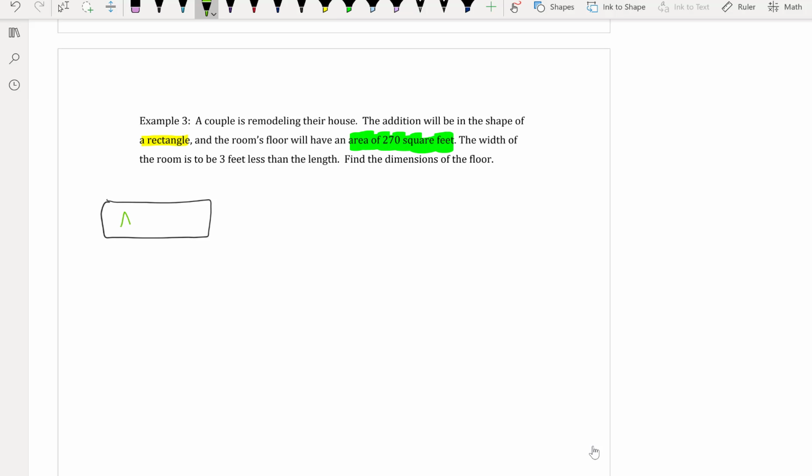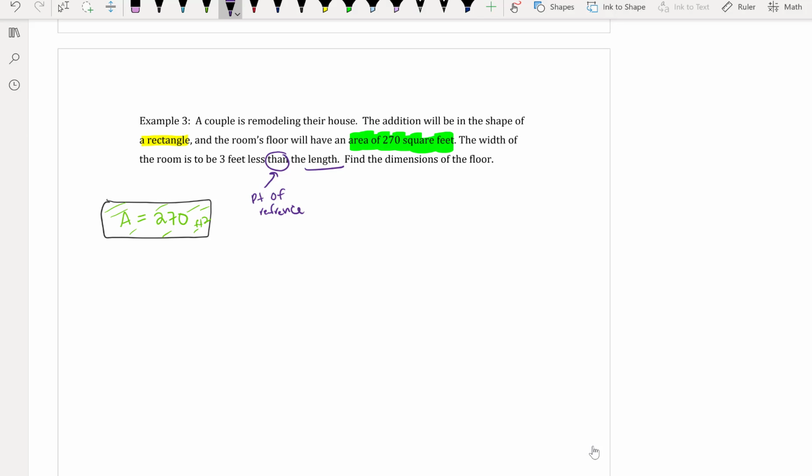So if I have area, that's everything on the inside. So I have 270, and it's my feet squared. So that's everything on the inside is area. The width of the room is to be 3 feet less than the length. So that then kind of gives you your point of reference.